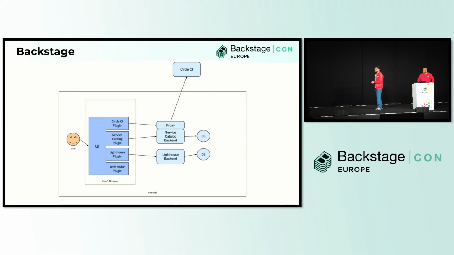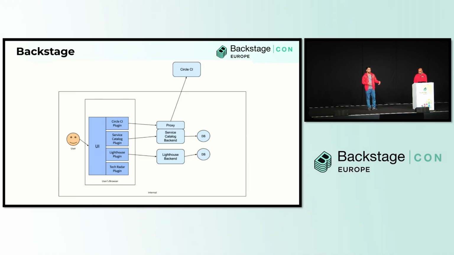And in a nutshell, if you are running Backstage, it comprises two components. One is the UI component, another is the backend component. The UI component lets you plug in different plugins. For example, you can use the service catalog plugin along with the service catalog backend to have different service catalogs.